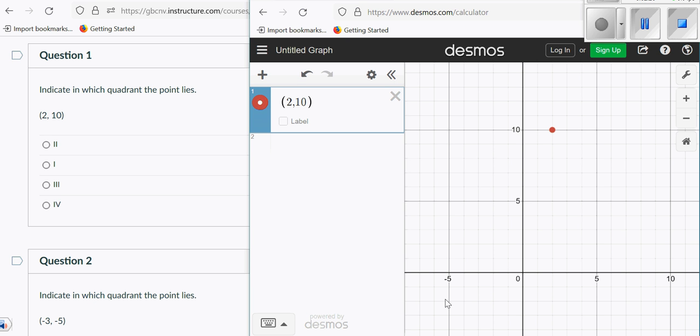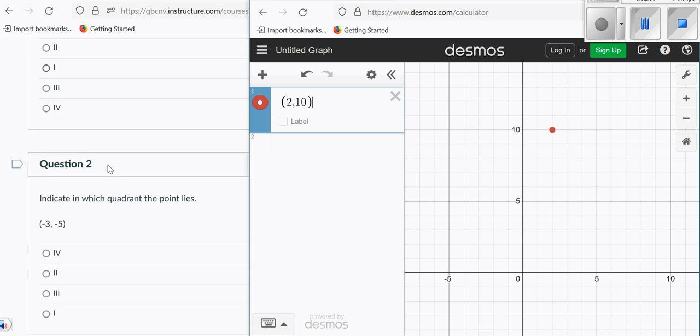The third quadrant is bottom left. The fourth quadrant is the bottom right part, right here. So in this case, we want to click the first quadrant.